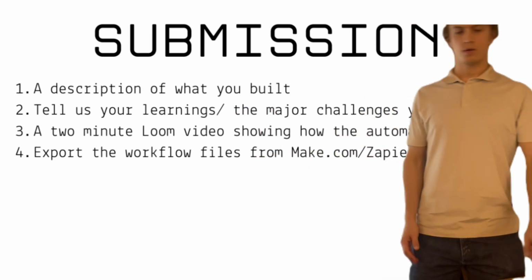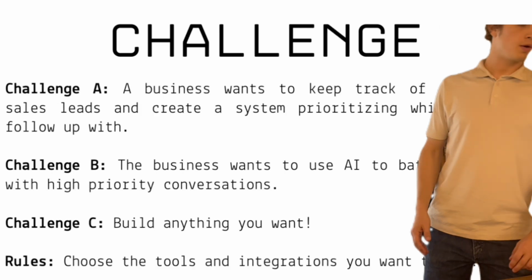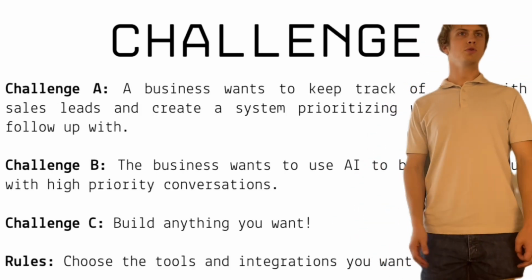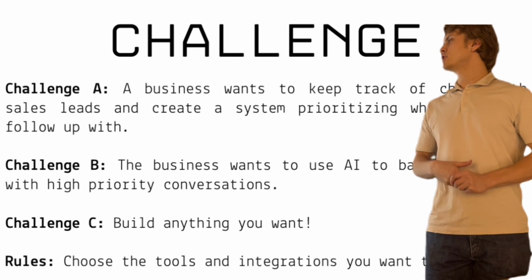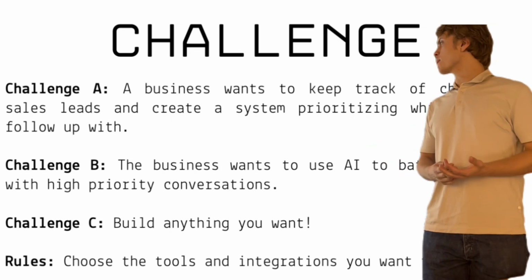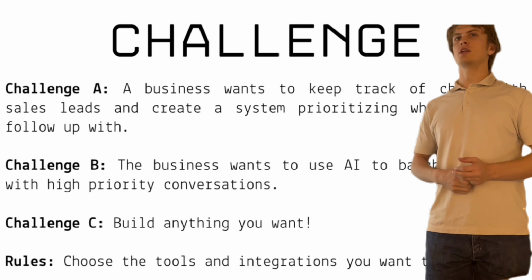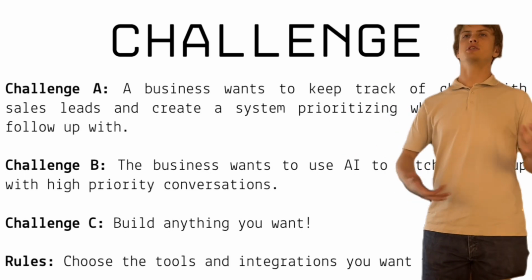We have a challenge. If you want to follow the challenge that we come up with today, this is the challenge. There's a business with lots and lots of sales contacts.